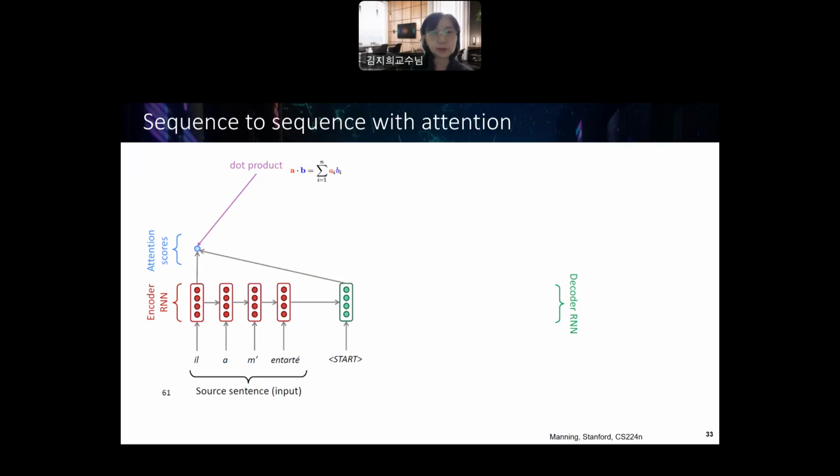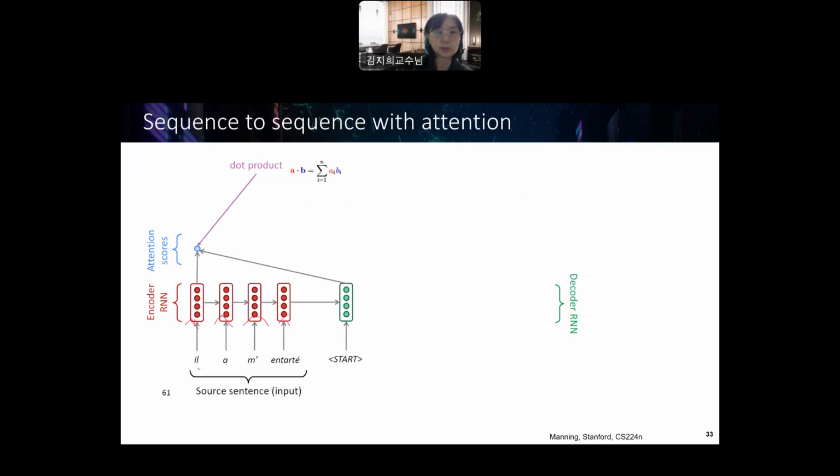Given the current state, remember this might be the bottleneck when we start, we create an attention score across all four.